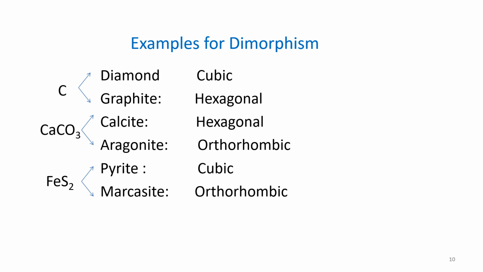Here the crystal structure is very important. Diamond is very hard, though it consists of the same carbon, whereas graphite is not that strong, due to the van der Waals bond, while diamond has a covalent bond. So the highest hardness of diamond is due to this type of bonding.